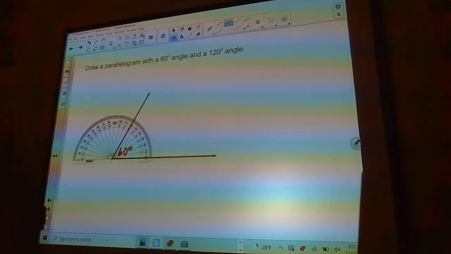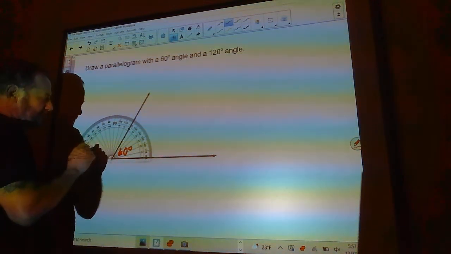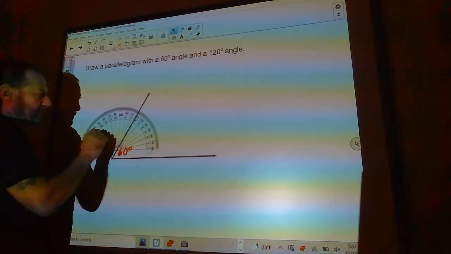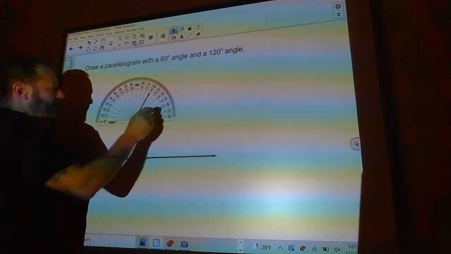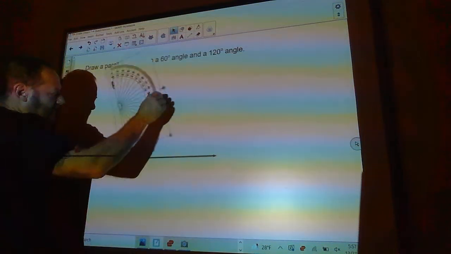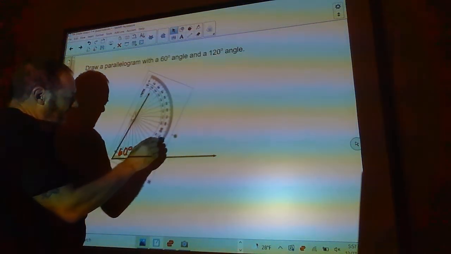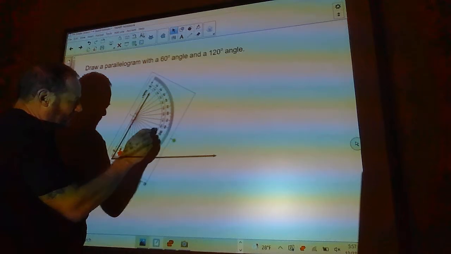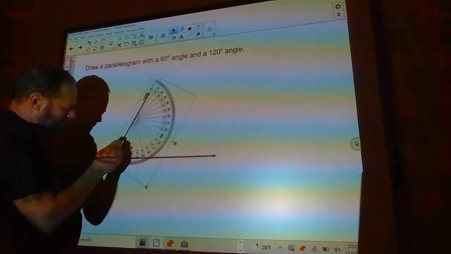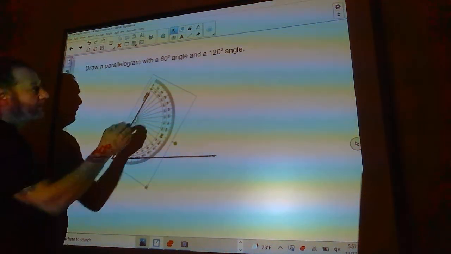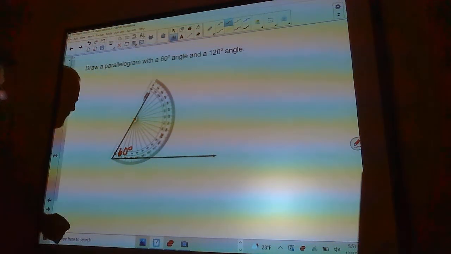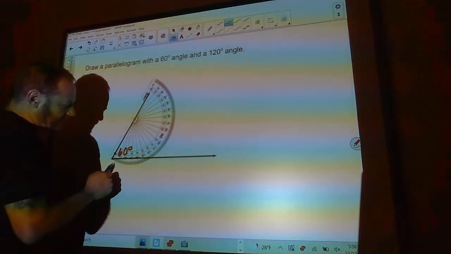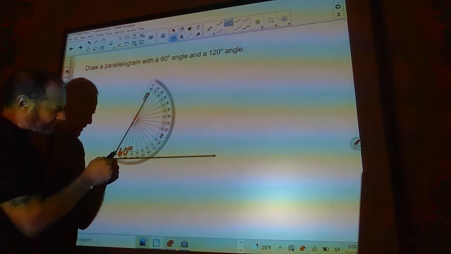right there. Okay, now what I'll do is I will take this and move my protractor up here onto that dot, and I'm going to rotate this thing so that I can line up this side right here at that corner. Okay, now I need to make a 120-degree angle here, so I'm going to count from the inside.